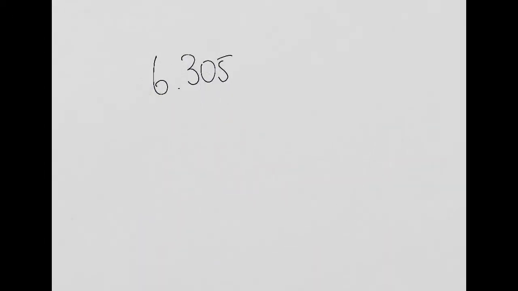Here's another example that may be tricky. We're going to look at 6.305, and here's where some people will get fooled. So let's write this out. This right here is 3 over 10. This is nothing. We skip it. There's nothing there, so there is no number in the tenths column. We skip it. And this equals 5/1000ths. Now if we were to add these two together, your common denominator is 1,000.